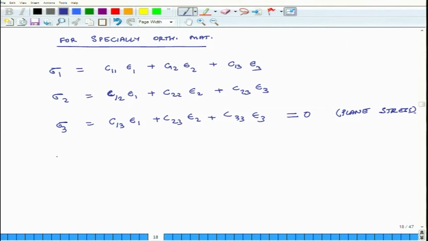So, let us say these are equations A, B and C. From C we can calculate epsilon 3. Epsilon 3 comes out as minus C13 epsilon 1 by C33 minus C23 epsilon 2 by C33.